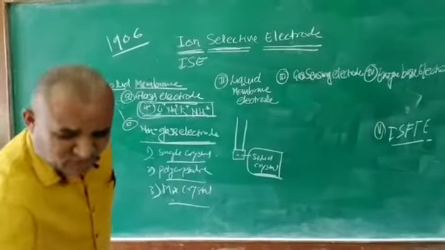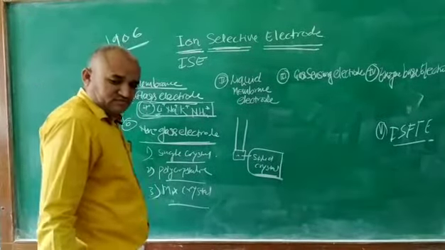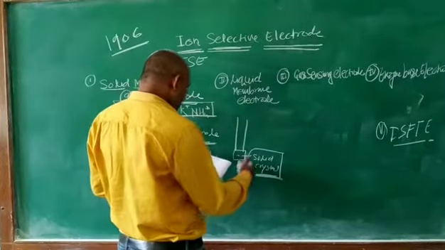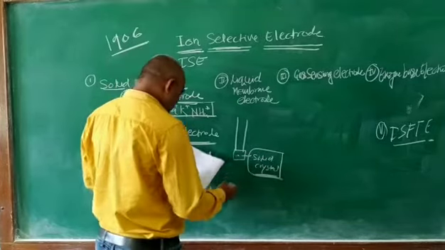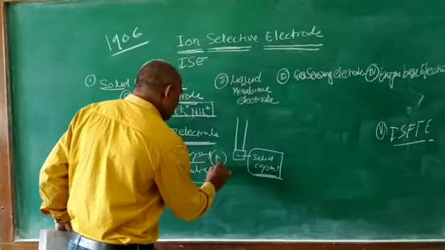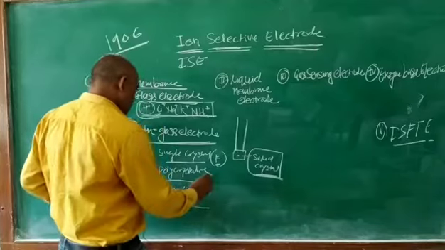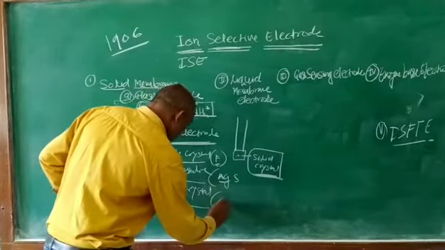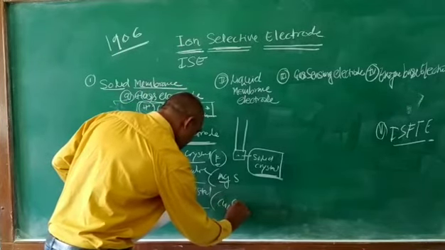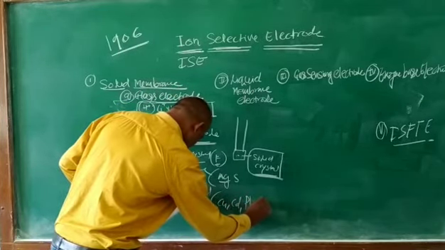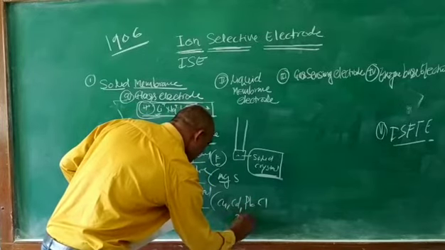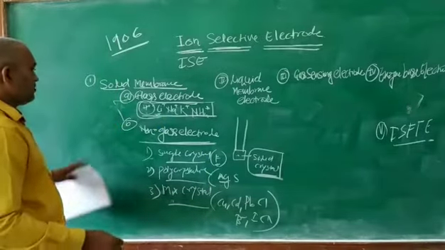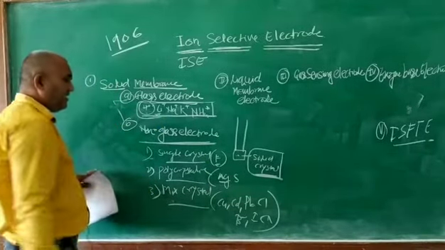Suppose we measure fluoride ions in water. Here the solid crystal is for fluoride ion. Single crystal, suppose it is fluoride. Next, silver, copper, cadmium, lead, fluorine, bromine, iodine. So this is the non-glass electrode.